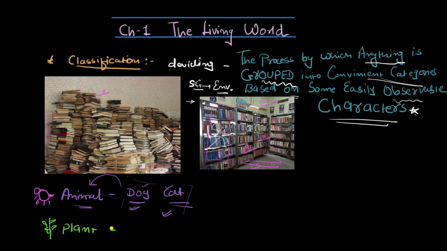Because there are some characteristics present in one and not present in the other. For example, plants cannot show movement. They are steady, though they are living, while animals can show movement. So this is a different group and this is a different group, which you have grouped by your convenience, observing different kinds of characters. Movement was one character which I have observed.